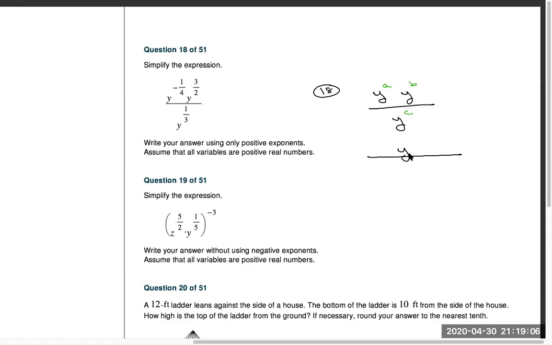We could combine the y's. That's a y's multiplied together times b y's multiplied together. So total, that'd be a plus b for your new exponent. And you still have y to the c on the bottom.